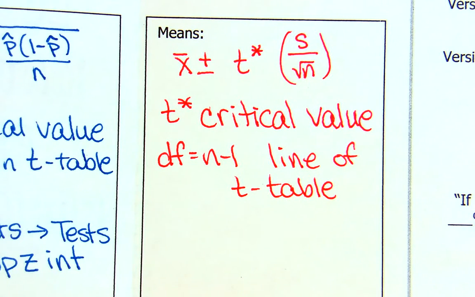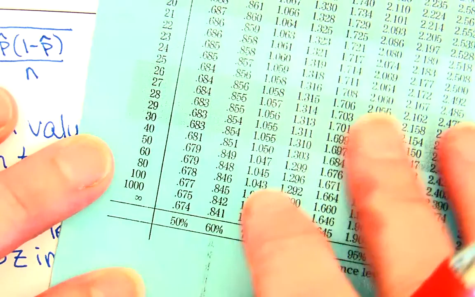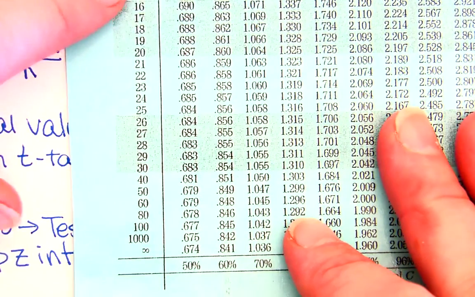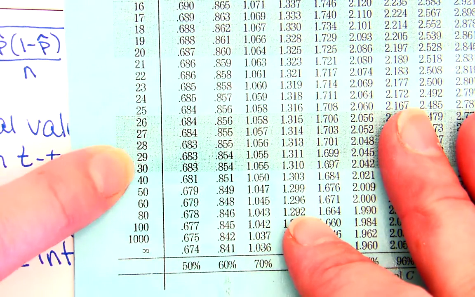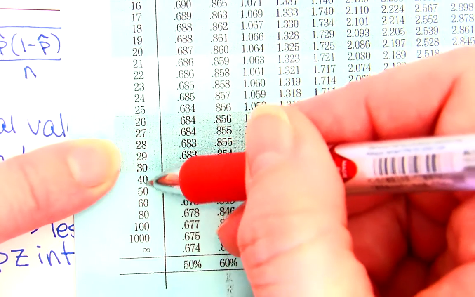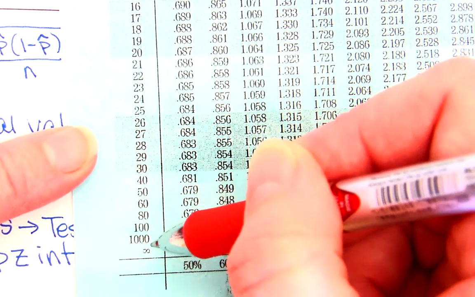Now, if your value is not on there, I'll show you what I mean. When you're looking at degrees of freedom on here, you'll notice it counts by ones all the way until we get to 30, and then it goes 30, 40, 50, 60, 80, 100, 1000.